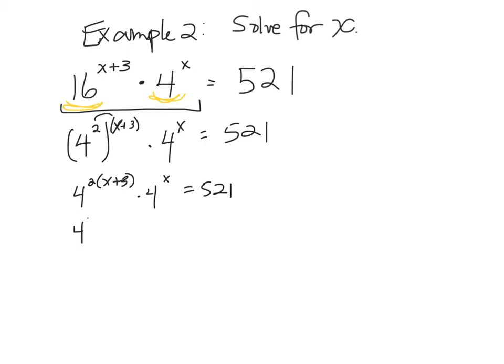When we multiply this out, we get 2x plus 6. Notice we have to distribute to both terms. And then also, when we multiply these two things here, we add the exponents. So we're just going to add this x on at the end.